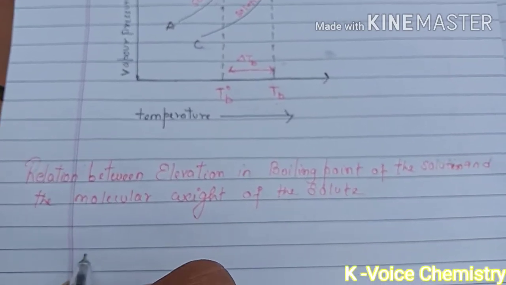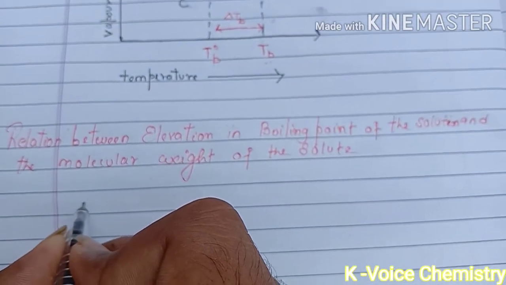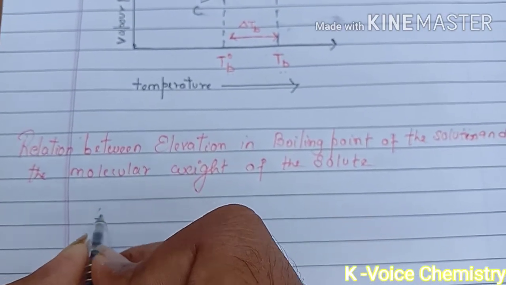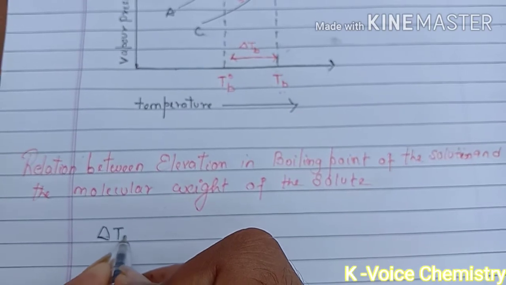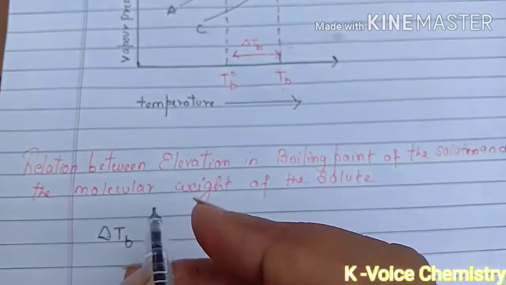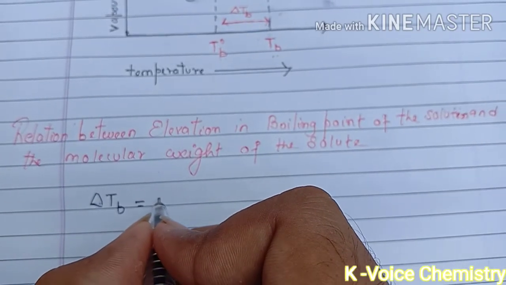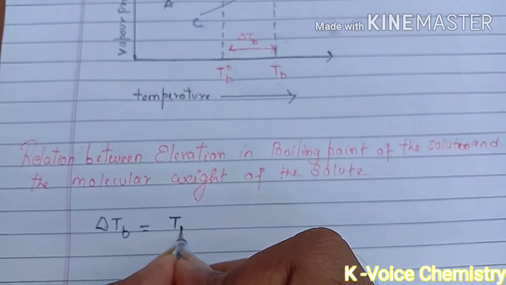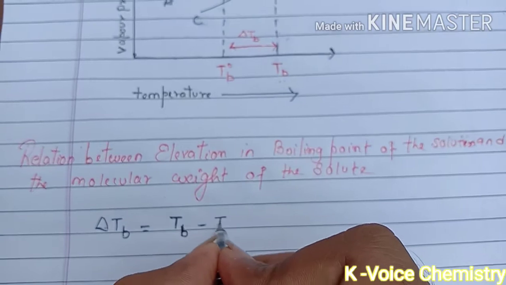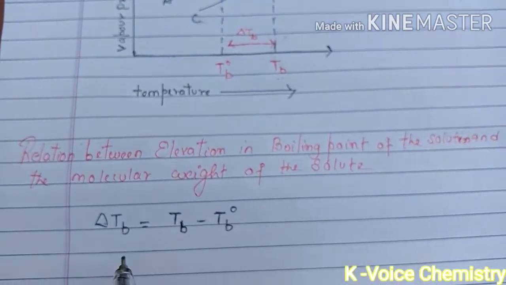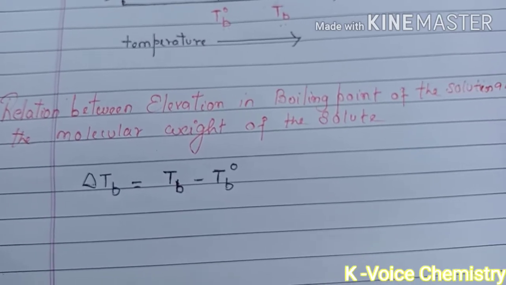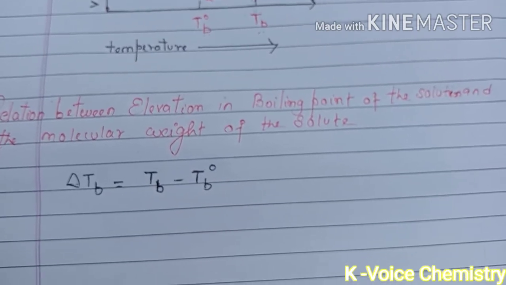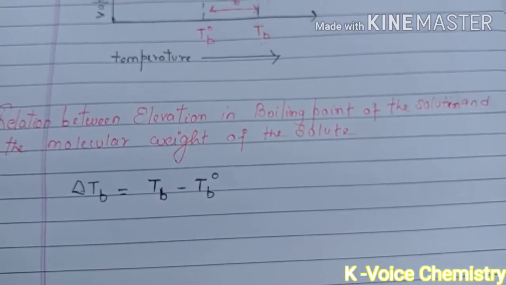The elevation of the boiling point will be represented as delta Tb. It is the difference between the boiling point of the solution minus the boiling point of the solvent. We know that the elevation in the boiling point is a colligative property, so it will depend upon the concentration of the solute in the solution.